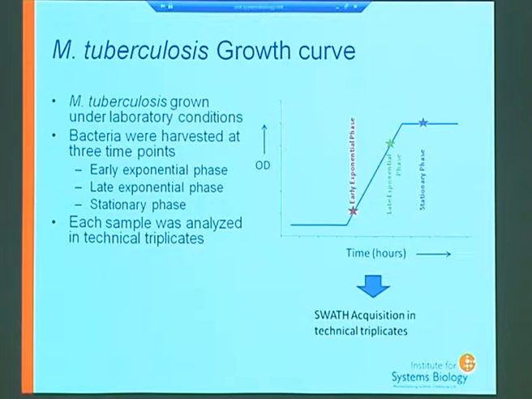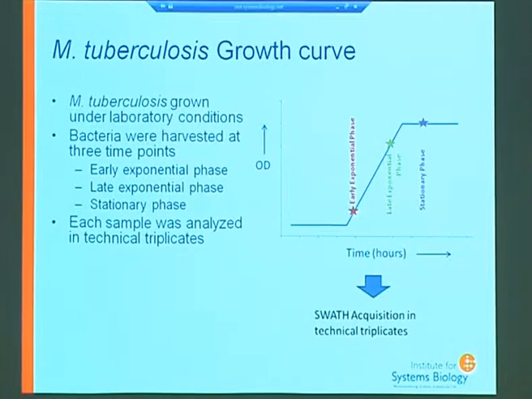What we specifically look at is a growth curve, and we have 3 time points: early exponential phase, late exponential phase, and stationary phase. And each of these we have in technical triplicates. They were grown under lab conditions, so whatever some people think is happy, I never know how happy a bacterium actually can be.